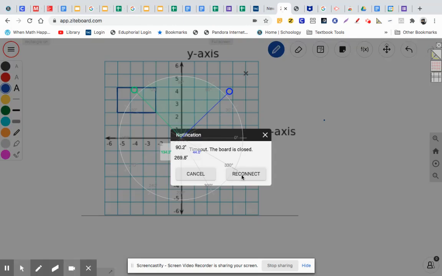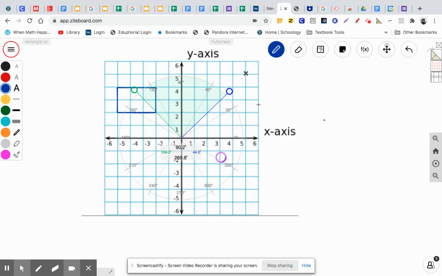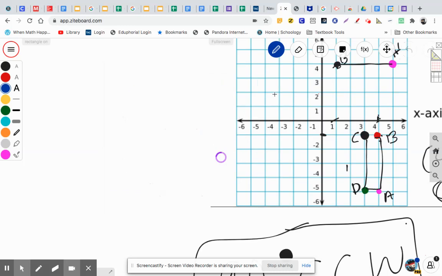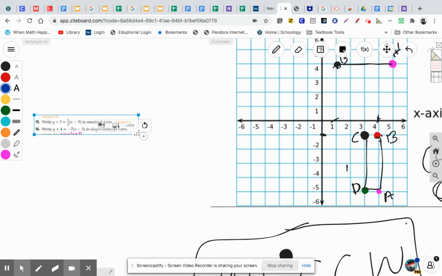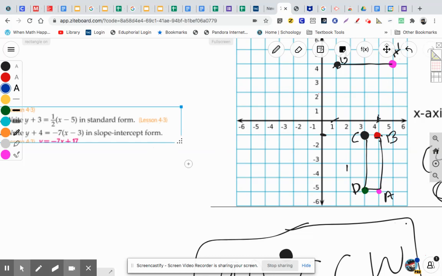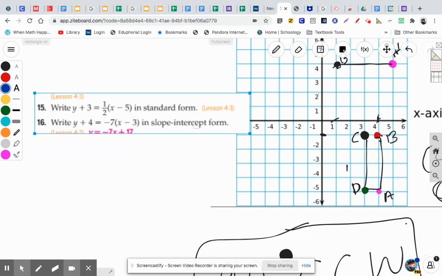Okay, let's see. I want to reconnect this piece. Okay, I'm just waiting for it to download the picture. There it is. Okay, I do want to do this.